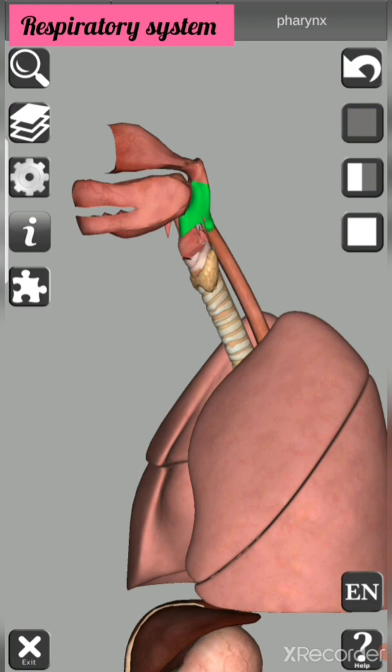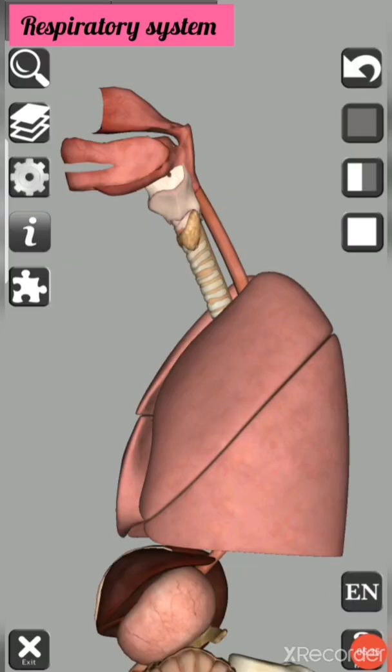One is the trachea and the other is the esophagus. This particular part in our respiratory system is known as the pharynx. Here the windpipe, trachea, and esophagus both originate, which is known as the pharynx.